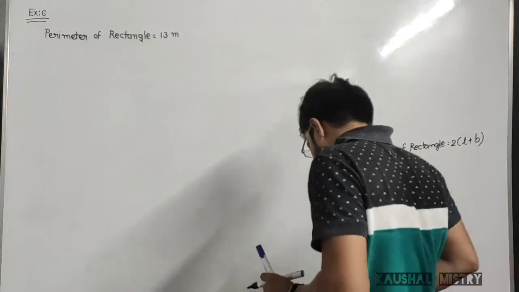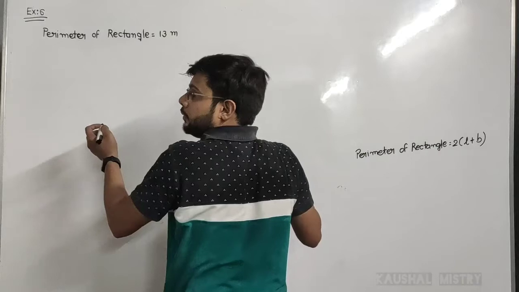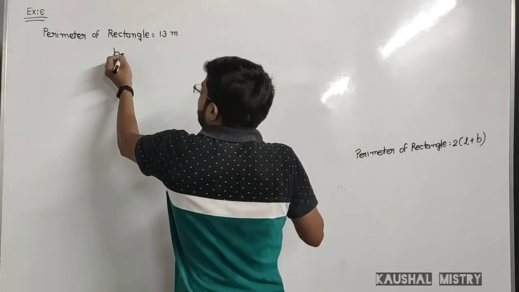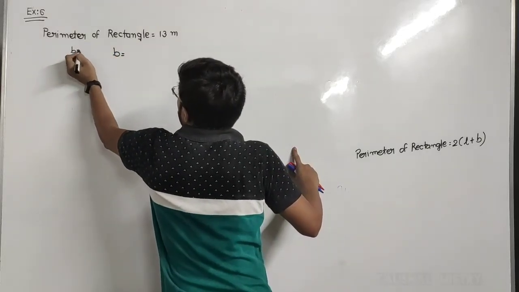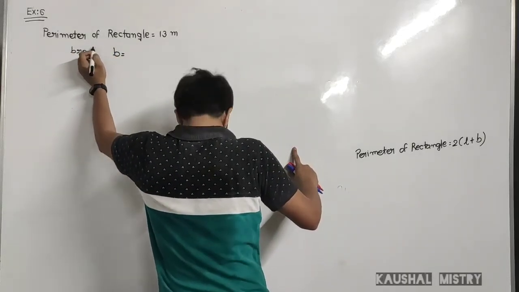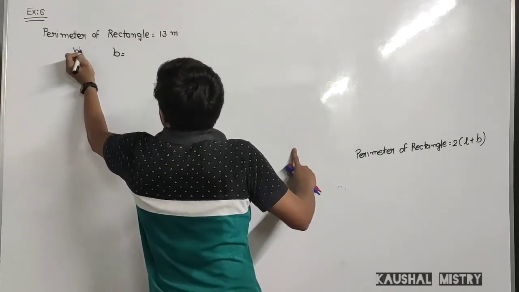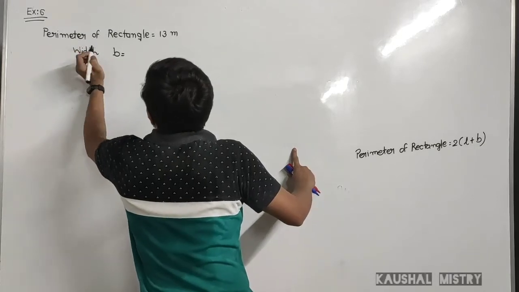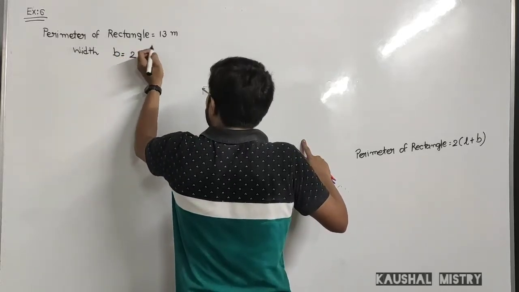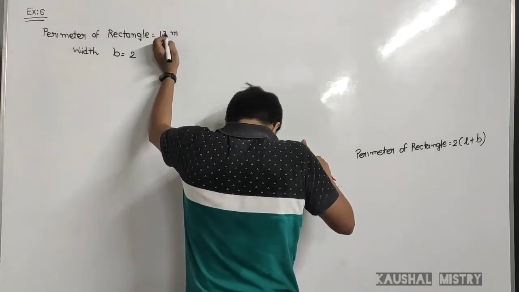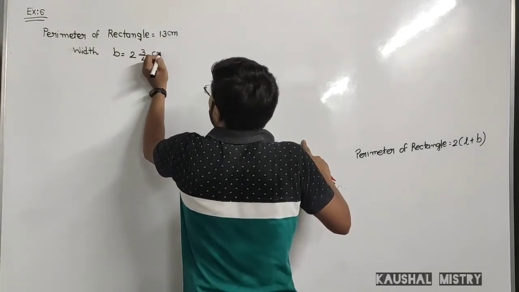And its width, that means breadth, is equal to 2 complete 3 upon 4. Breadth is given, or length into width. We will take this as the width, and that is B. That is equal to 2 complete 3 upon 4 centimeter, right?